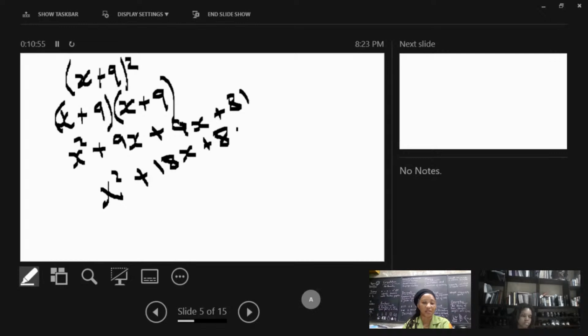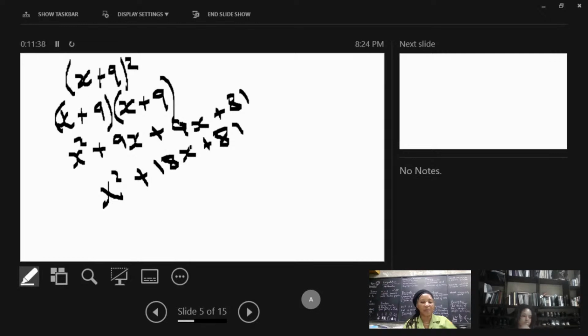All right, see if it follows the rule. So x squared is x squared, right? Yes, miss. And 9 squared is 81. And this is 2 times a times b: 2 times the first one times the second one, 2 times x times 9, is 18x.